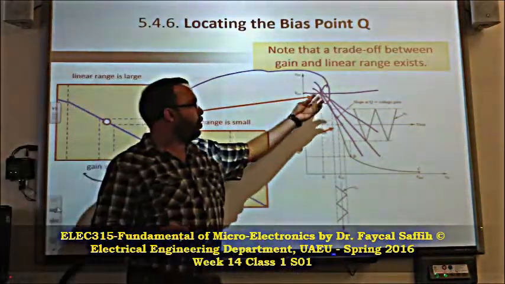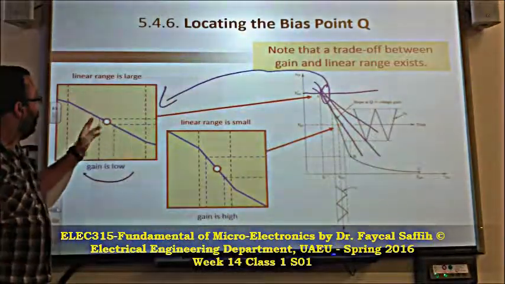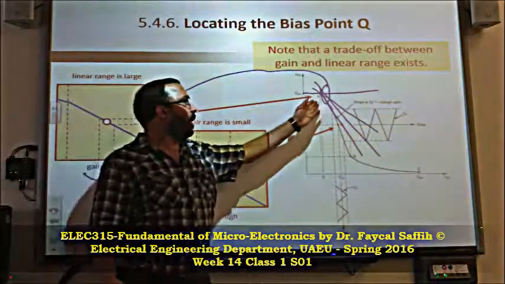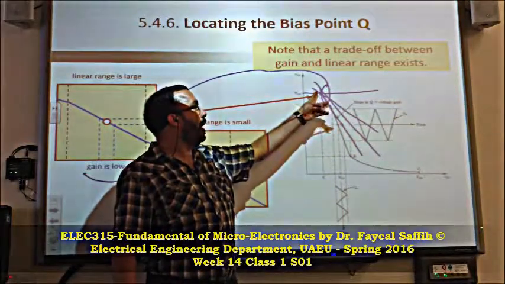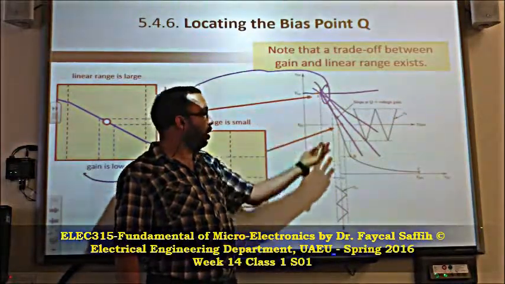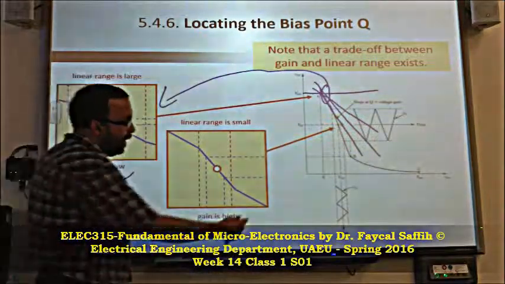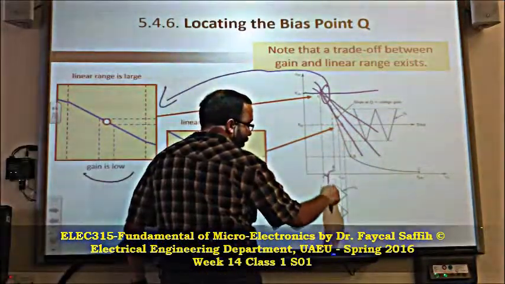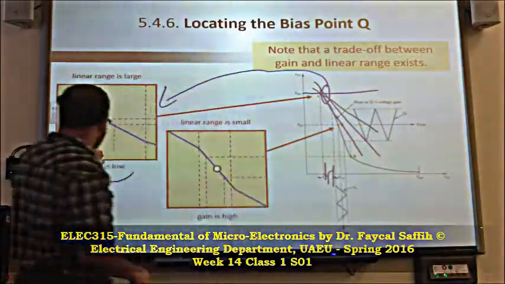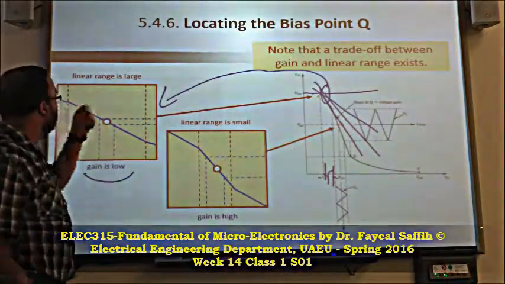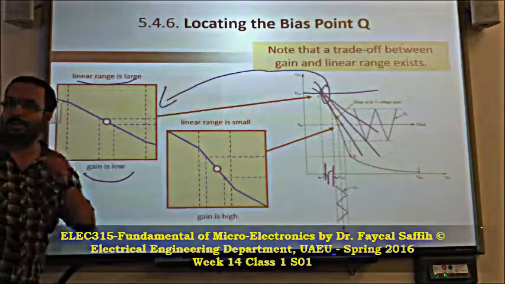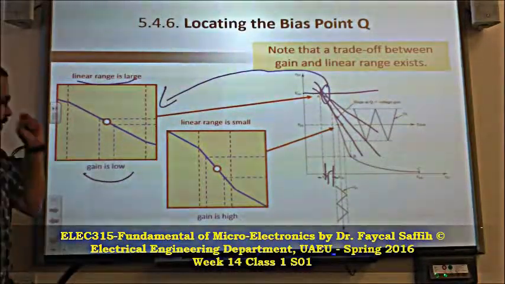If we take this and zoom in, we can see that the nature of this line is really very good. It means that here I can have a very good line over a long range. Over a long range means over the input range here, okay? So over a good range, I have a very good line. So the linearity is large. That's very good.